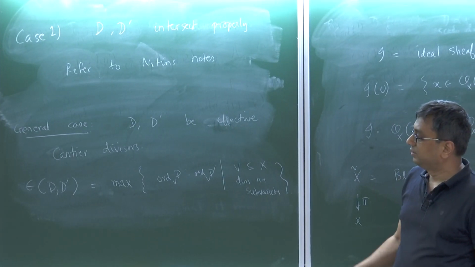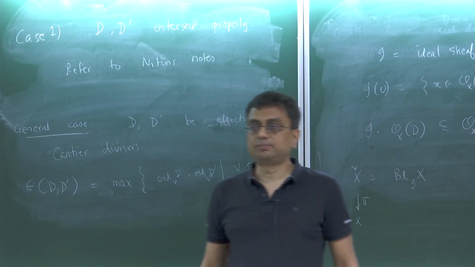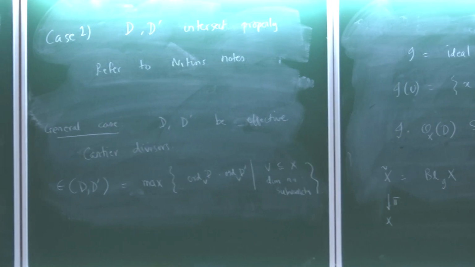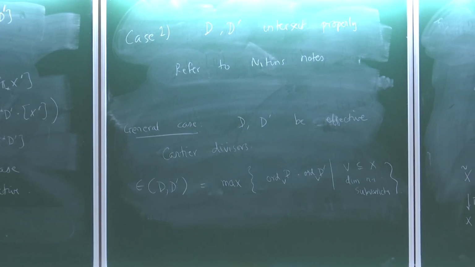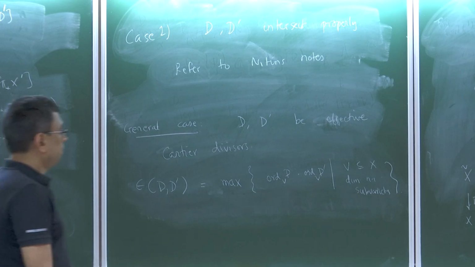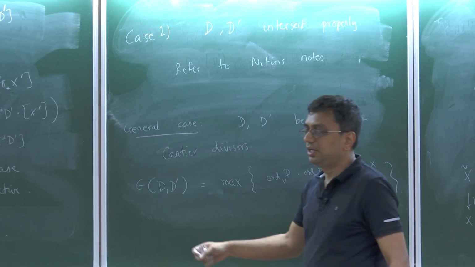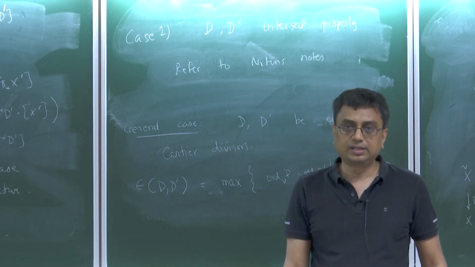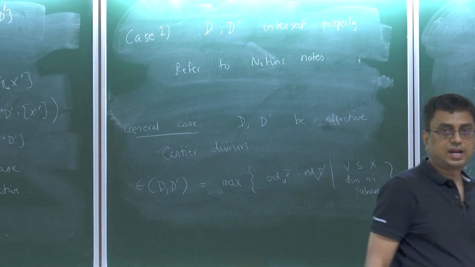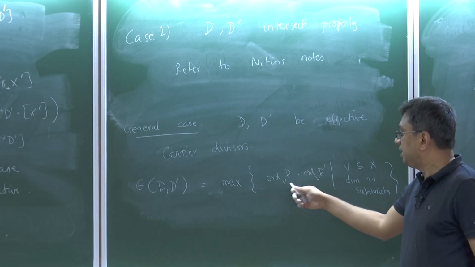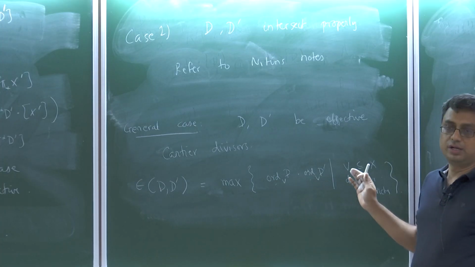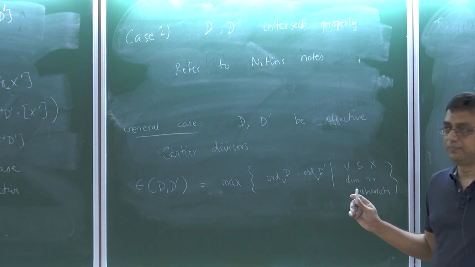When will they not intersect properly? If there is a dimension n minus 1 subvariety which appears in the divisor of D and which also appears in the divisor of D prime, right? Then they will not intersect properly. But how is a divisor defined for a Cartier divisor? I take the order of D at the local ring of that n minus 1 dimensional variety, right? So if there is a V such that both the order of D and the order of D prime at V are non-zero, then they are not intersecting properly.